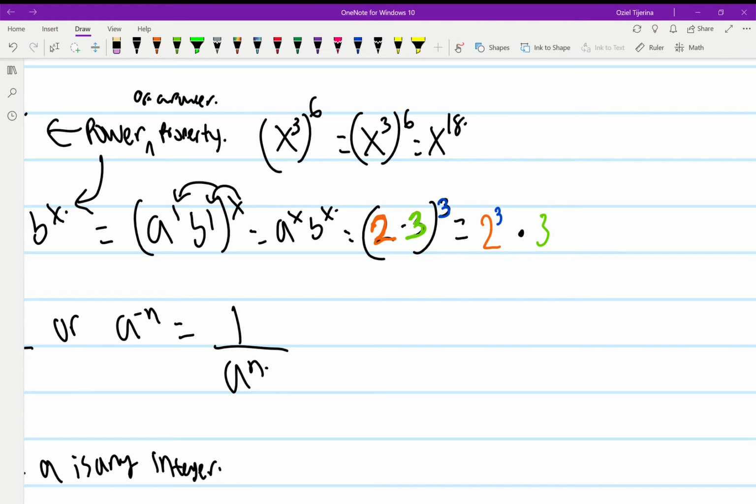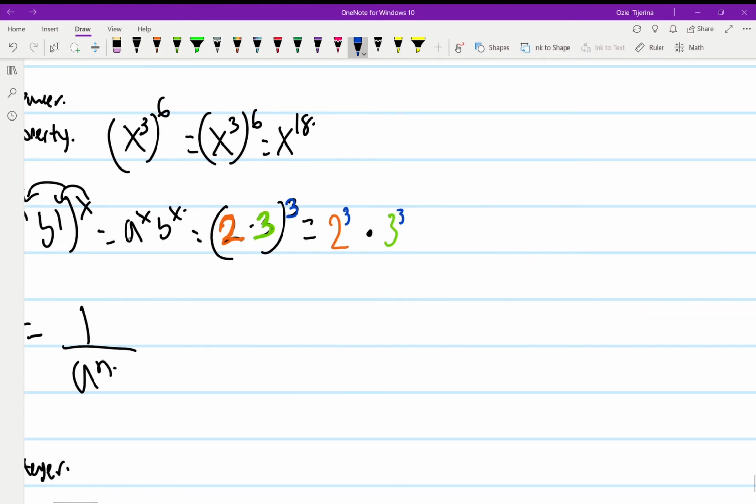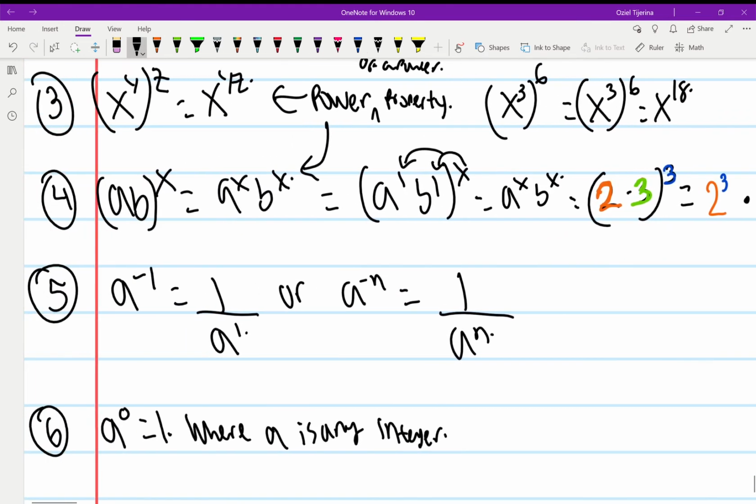This is blue, not orange. Okay, so that's basically what this is saying. And so if we simplify this, we have 8 times 27, and if we do it on our calculator, we get 216. Okay, so that's what this is saying.